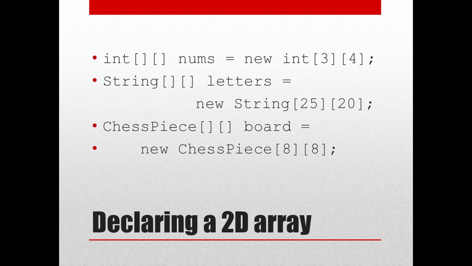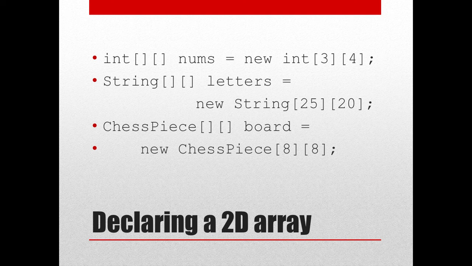Second bullet, you can make a two-dimensional array of anything. So I've got letters is a two-dimensional array of strings. String bracket bracket bracket bracket, and then you can say new string. So this particular two-dimensional array has 25 rows and 20 columns. It might be like a Scrabble board or something like that.